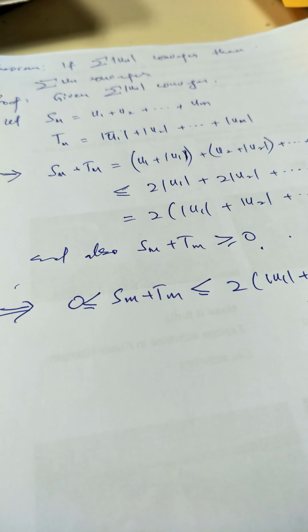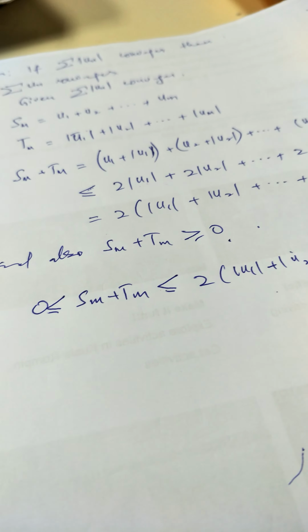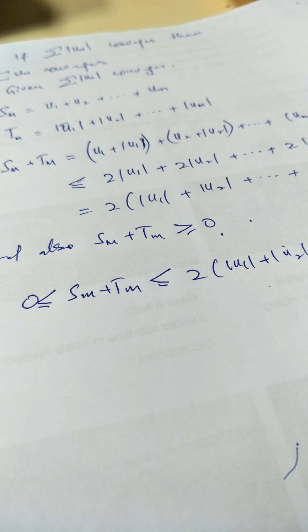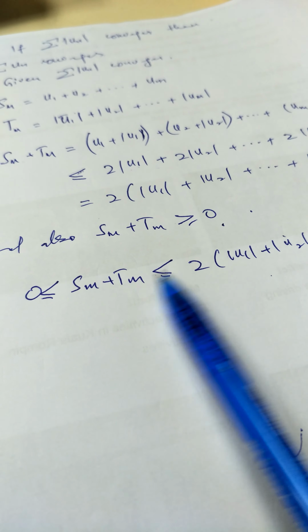So Sm plus Tm is bounded: it is greater than 0 and less than some number.